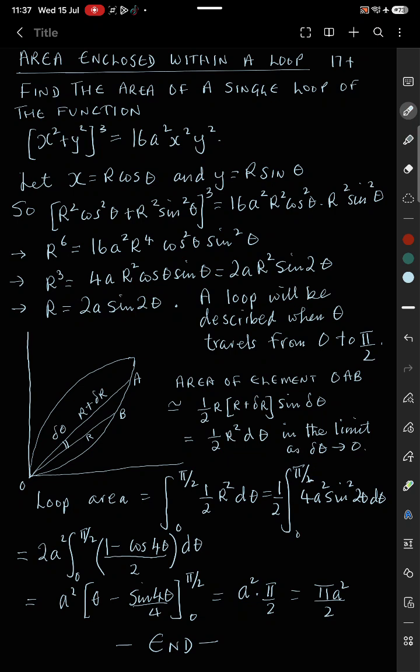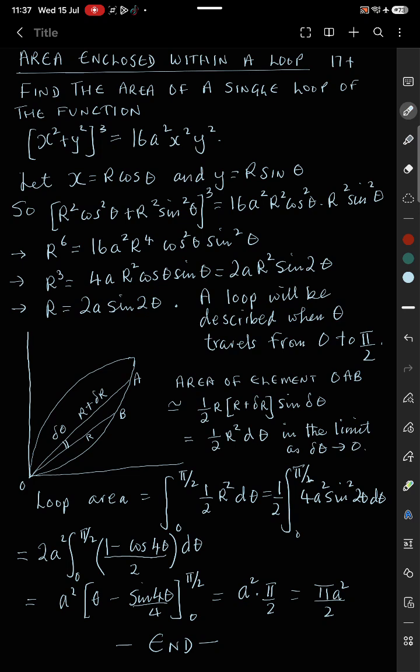which comes down to, on the left-hand side, inside the bracket r squared times (cos squared theta plus sine squared theta), which is identically 1. So inside the bracket you have r squared, and when you cube it, you get r to the power 6. And on the right-hand side, quite easily, 16a squared r to the 4th cos squared theta sine squared theta.